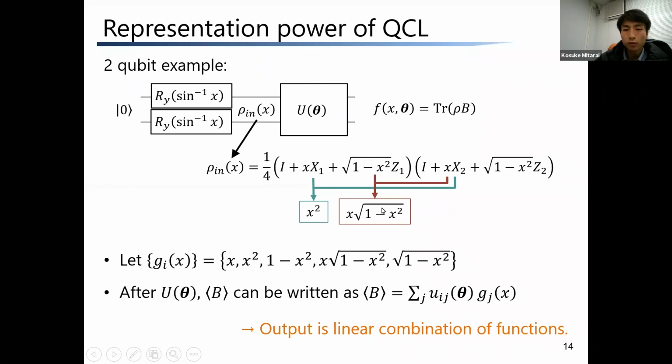If we let all of these functions that appear when you take the tensor product of this input state be the set of functions g_i(x), then after this U theta, we measure some observable B at the output. This expectation value of B can be written as a linear combination of these functions, right? Because this U theta is a linear transformation on the density matrix too.